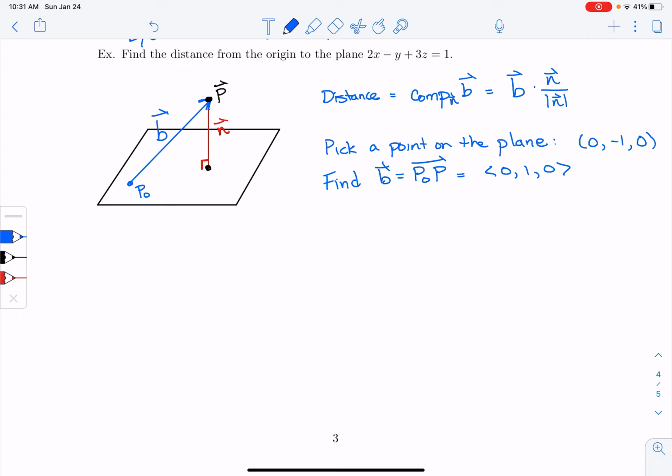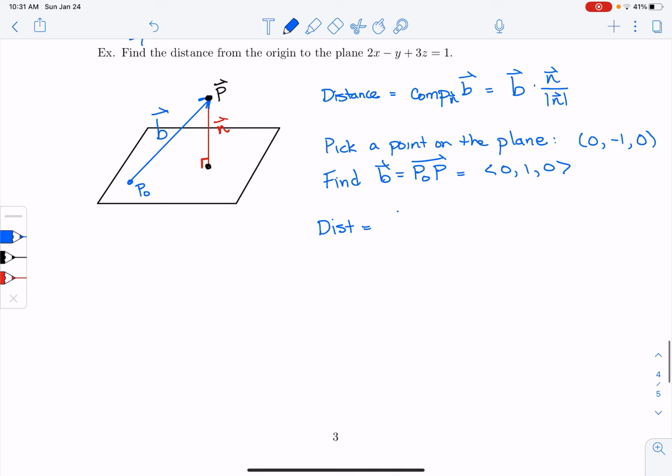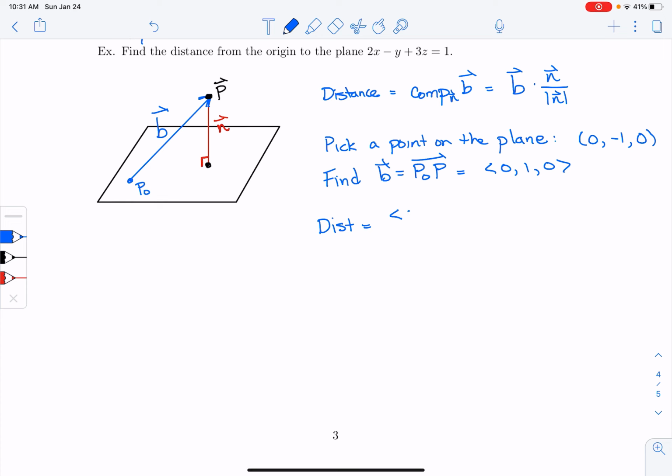Well, that tells me that the distance from the point to the plane is going to be B dot n, so 0, 1, 0, dotted with the normal vector 2, -1, 3, and then divided by the magnitude of n, which is the square root of 2 squared plus 1 squared plus 3 squared. So that distance is going to be, the dot product is -1, over the square root of 14.